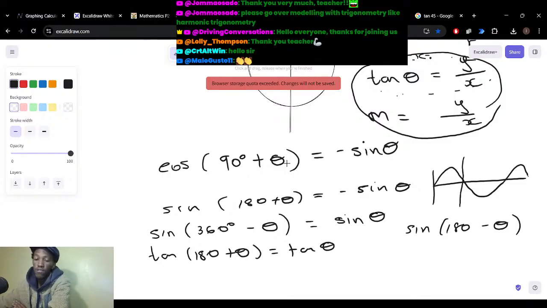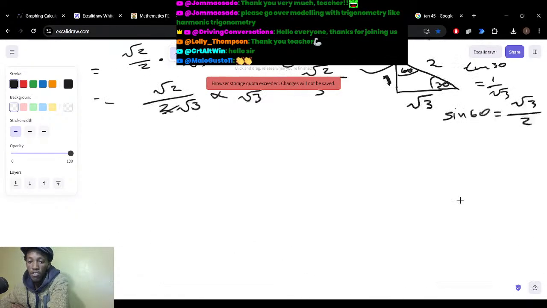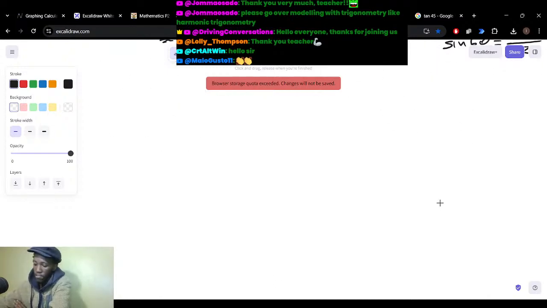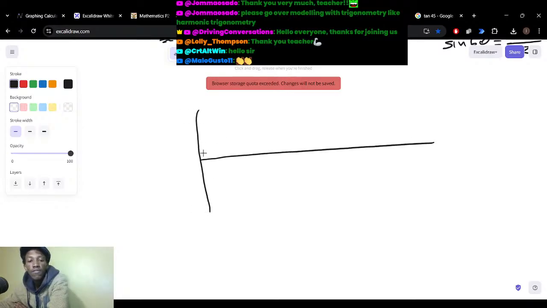You can do this: how do I do it? You first draw your graph, right? Just a simple graph, depending on the trig function you are trying to reduce. If it's a sine, you draw a sine. If it's a cos, you draw a cos. So let's say we want to reduce a sine. Though I covered this yesterday, I'll just cover it again today, right?